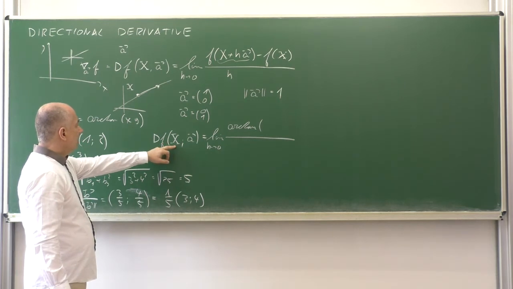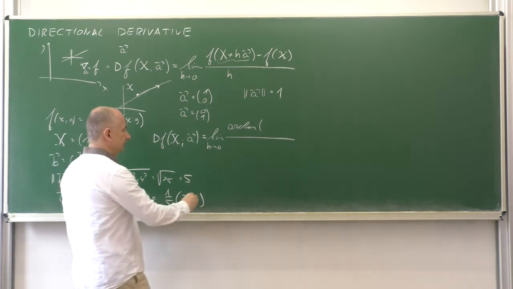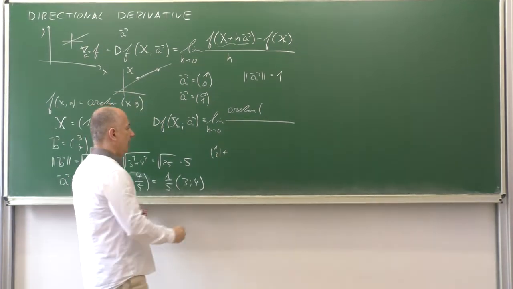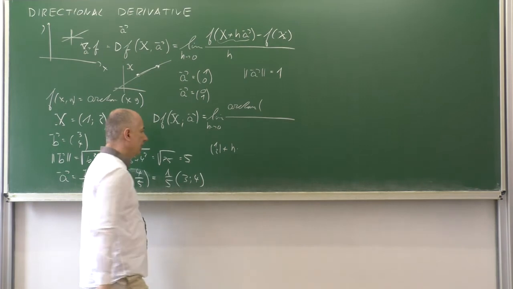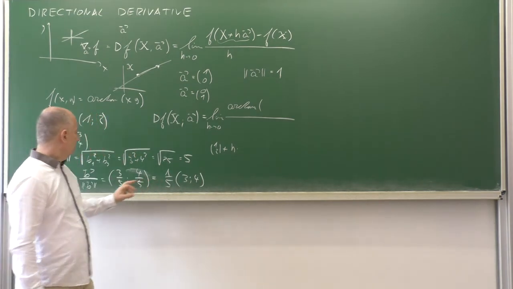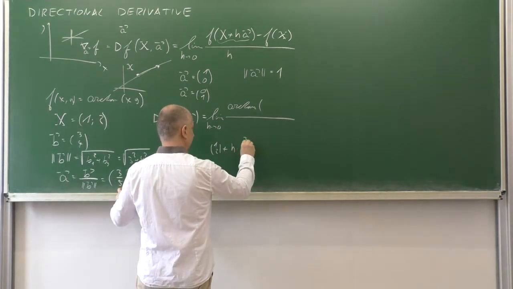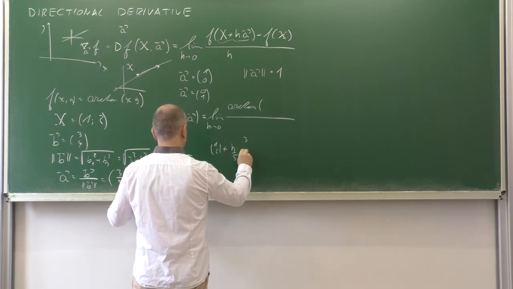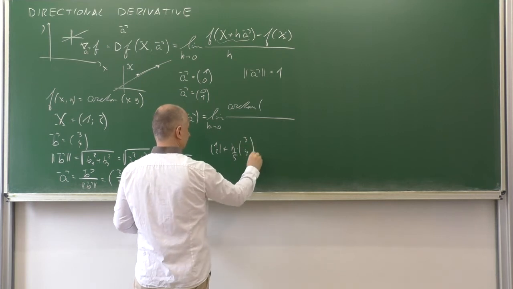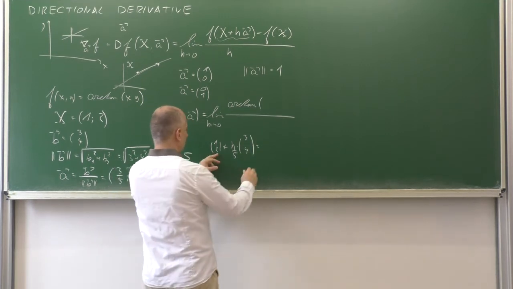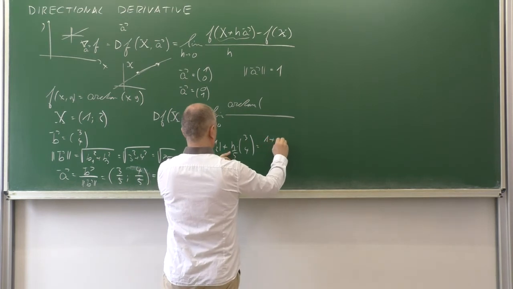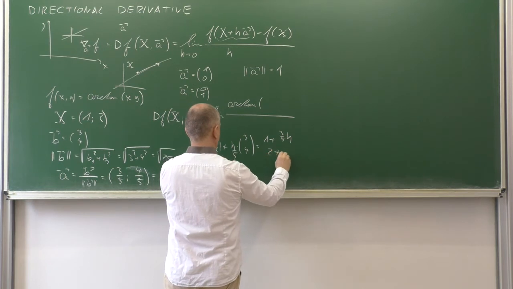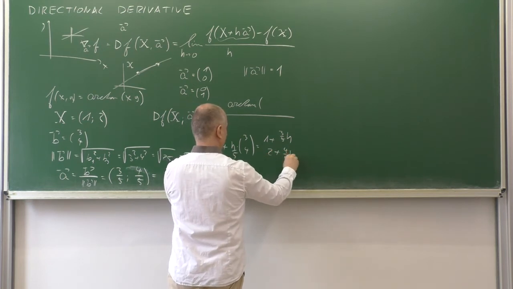And now the point capital X is 1, 2. And we add h times the vector 3/5, 4/5. Let me write it this way. h/5 times 3, 4, which is 1 plus 3/5 of h and 2 plus 4/5 of h.